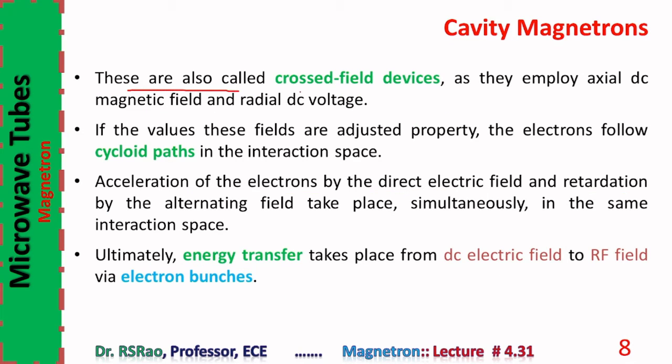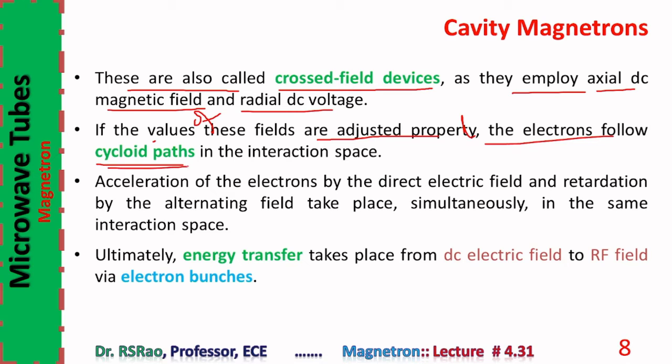These are also called crossed field devices, as they employ an axial DC magnetic field and a radial DC voltage. If the values of these fields are adjusted properly, the electrons follow cycloid paths in the interaction space. The path of a charged particle under the influence of crossed fields is a cycloid. In the interaction space of this device, crossed fields exist.